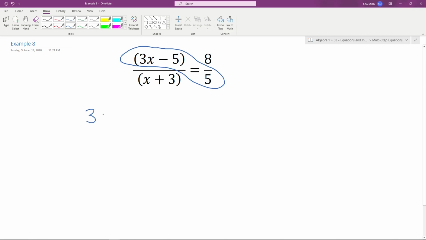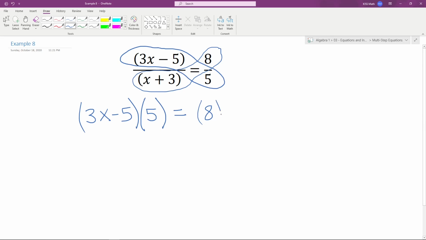So it would be 3x minus 5, that's in parentheses, right, times 5 equals, and we take this diagonal over here and multiply. So we'll have 8 times x plus 3.